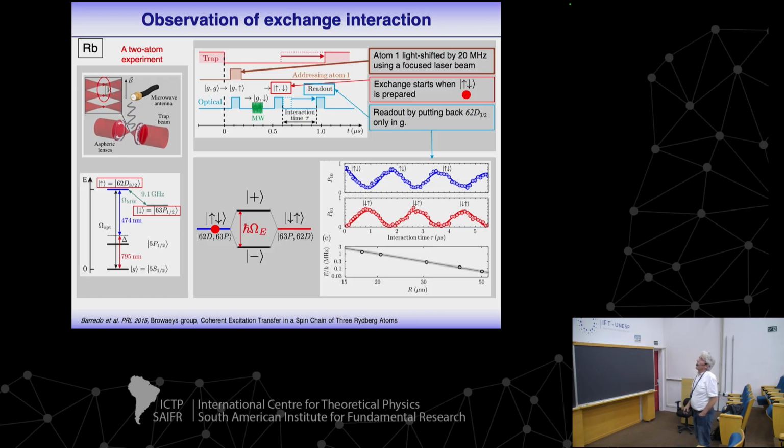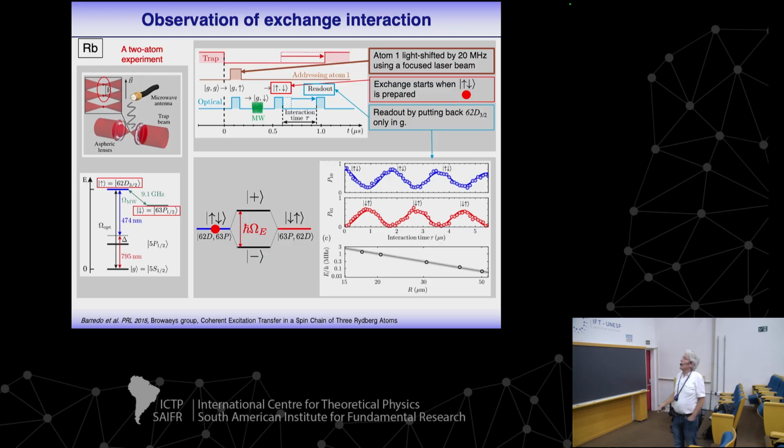In the experiment, they chose to use not an S level, but a D level, 62D, and 63P level. And indeed, there is a kind of flexibility to choose the level. If you choose a principal quantum number larger by 1, 2, 3 or less, it's not critical for this experiment.